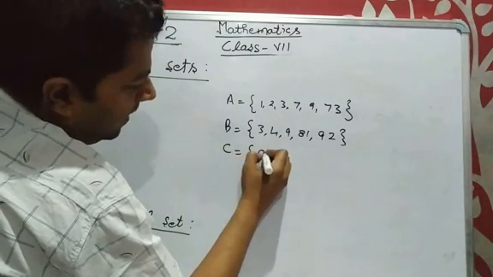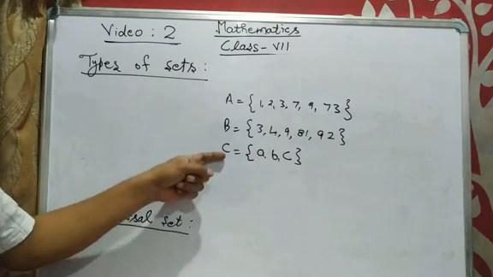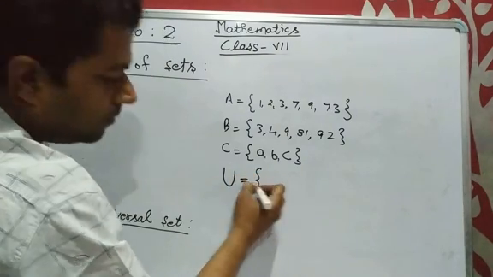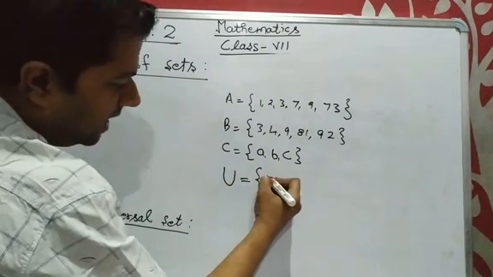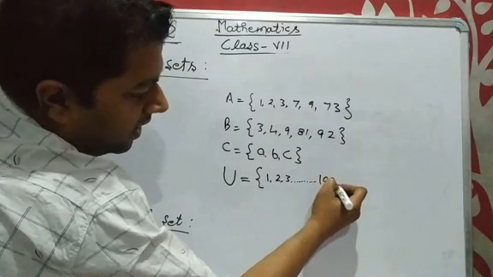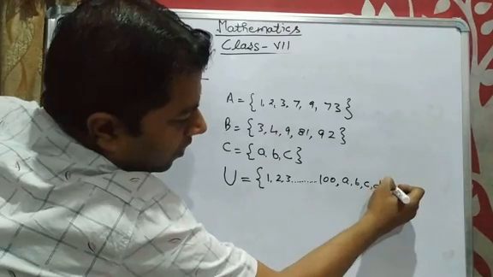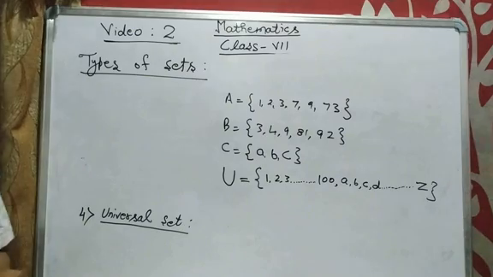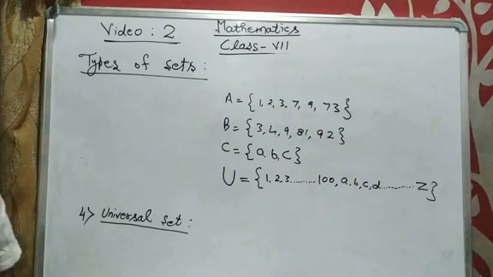C is equal to A, B, C. 3 sets we are having, A, B, C. Then the universal set is represented by capital U, and among these universal set 1, 2, 3, dot dot dot up to 100, comma A, comma B, comma C, comma D, comma dot dot dot up to Z. The set of all objects under consideration is the universal set.